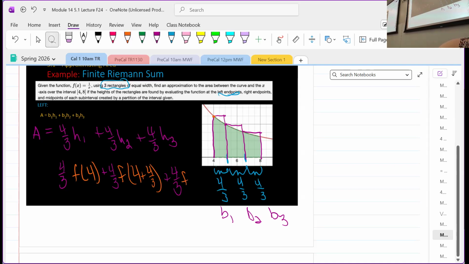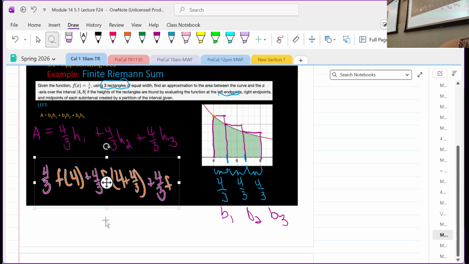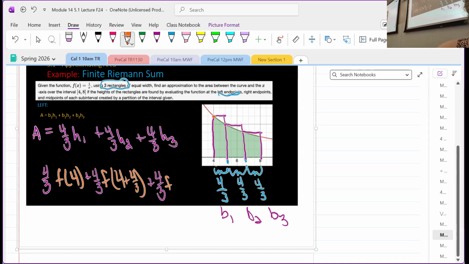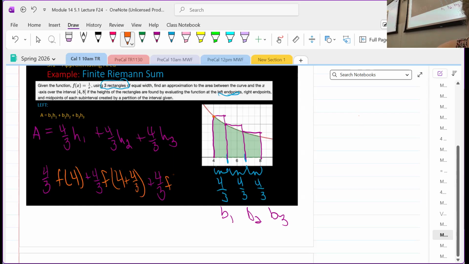And then the next x value after that. My final left endpoint would be 4 plus 4/3 plus another 4/3, so 4 plus 8/3.